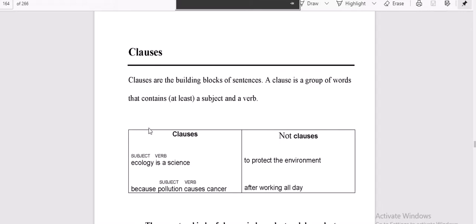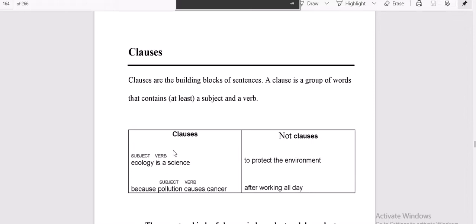So, in order to describe a group of words as a clause, this group of words should contain a subject and a verb at least. Here are examples of correct clauses and of incorrect or wrong clauses, which cannot be described as clauses under any conditions.